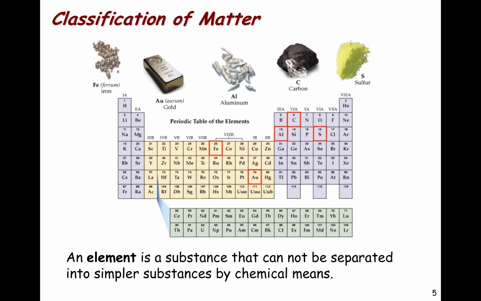Gold, which tends to be kind of a brown colored metal, tends to be a little bit different in its physical properties than, say, iron, which tends to corrode relatively easily, and especially in the presence of oxygen will rust.